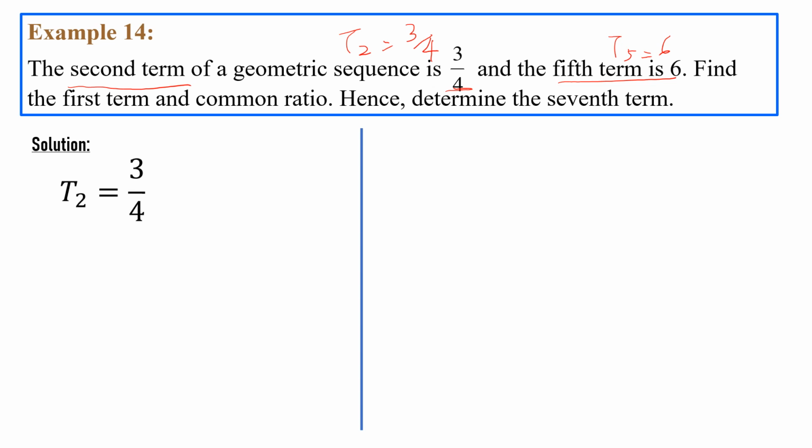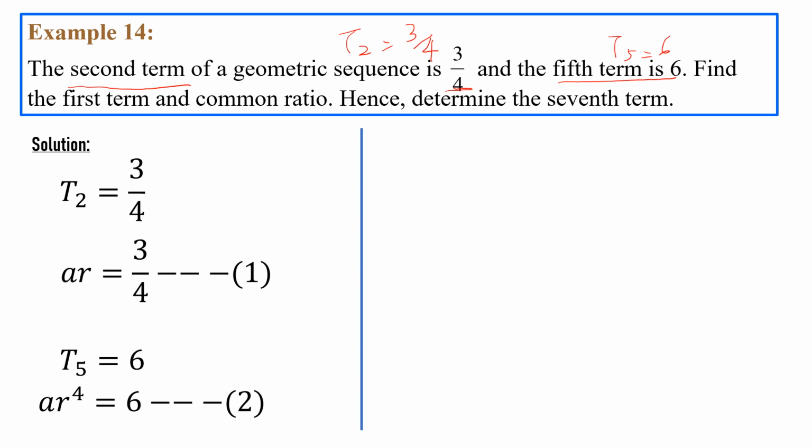So take out the formula for T2, we get AR equal to 3/4. Let this one become your first equation. And then we have T5 equal to 6, and the formula for T5 is AR to the power of 4 equal to 6. We need to solve these equations to get the first term and common ratio.